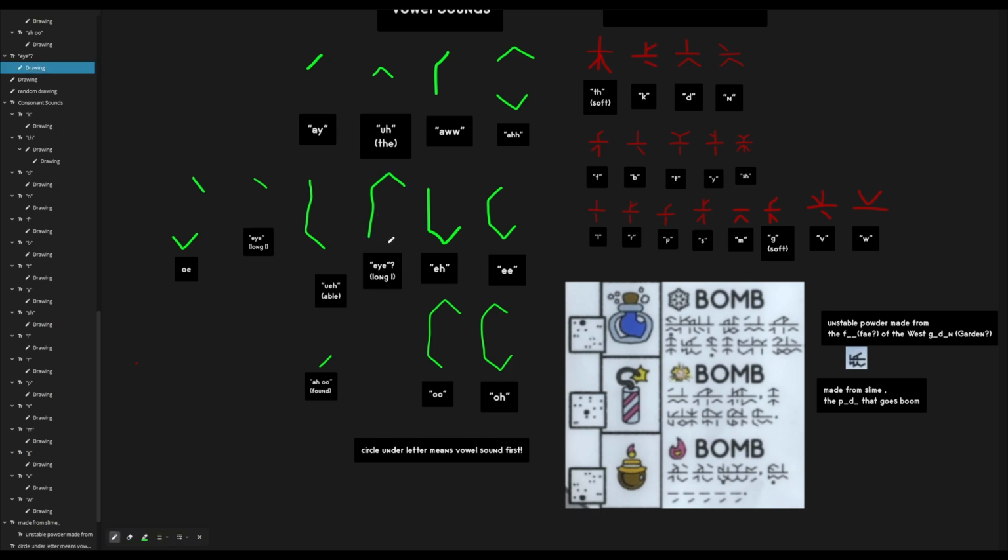Can I add to this drawing? It's that. In slime. Where did it go? Slime. S-L-I-M. Got it. So then this is different. This is maybe a. That's boom. I'm down here.